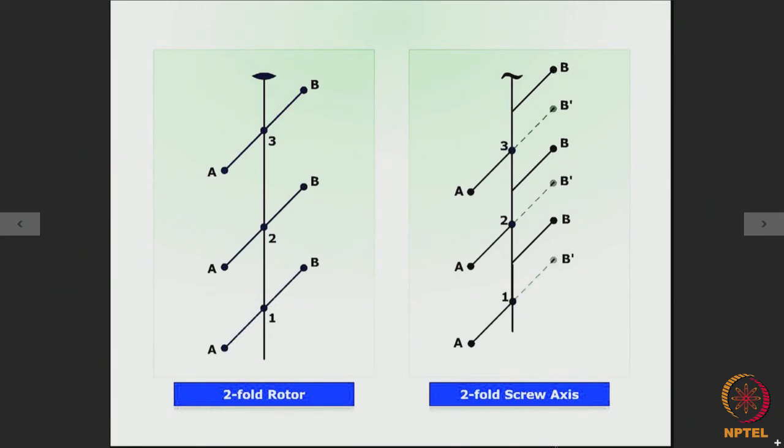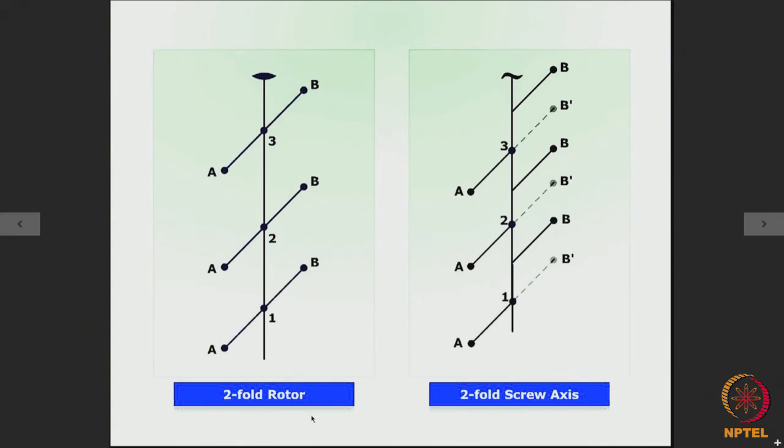So, you see that there is a subtle difference in the position of the atoms in case of the two-fold rotor and the two-fold screw axis. If we have two substances, one with a two-fold rotor and the other with a two-fold screw axis, the arrangement of atoms will be quite different.